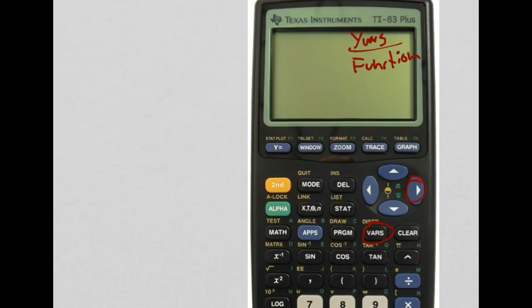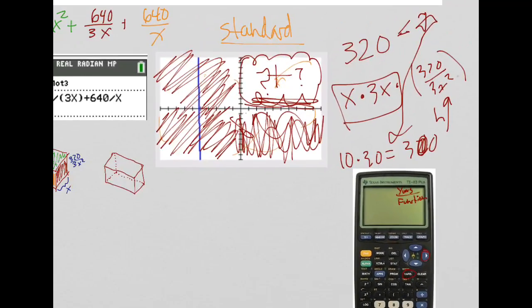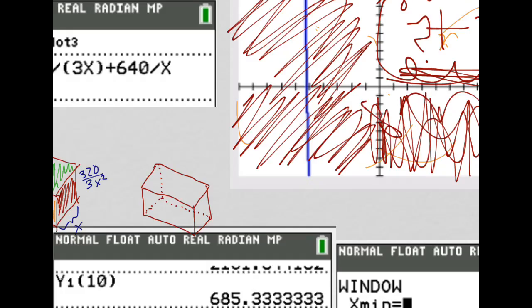Choose function. Then notice it'll say y1, y2, y3. We entered our function into y1. So click y1, and then it will print this on your screen. It'll put that little y1 right there, and then you need to type a parenthesis, and then I want to check my maximum x value of 10. I want to evaluate my function at that value.